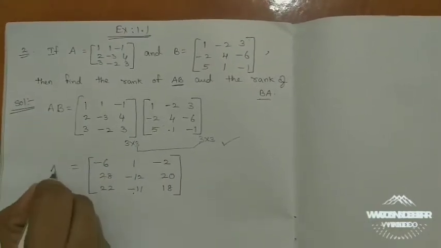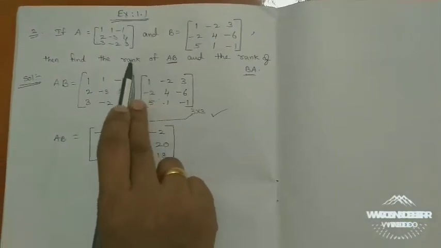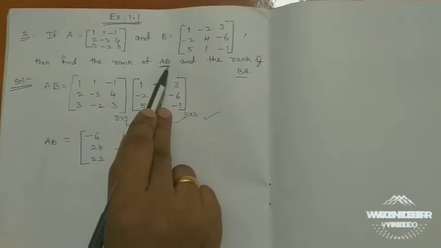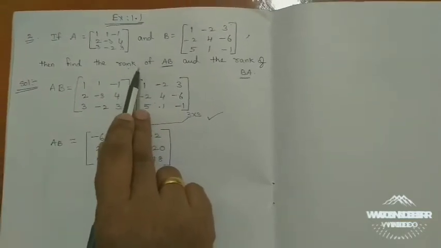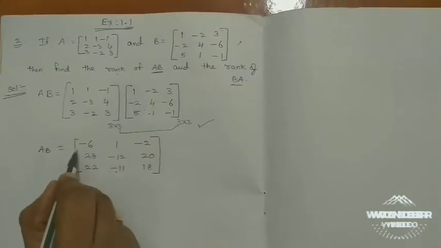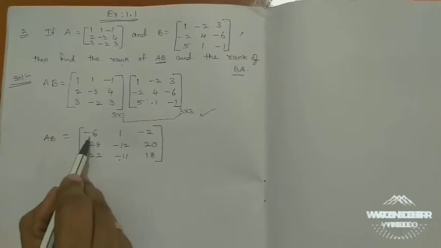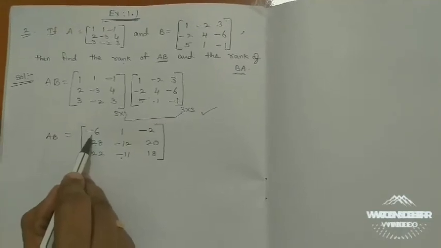So for this AB, they asked us to find the rank of AB. In order to find the rank, yesterday I taught you the echelon form. In that echelon form, the first row, first element should be a non-zero element. So clearly here minus 6 is a non-zero element.